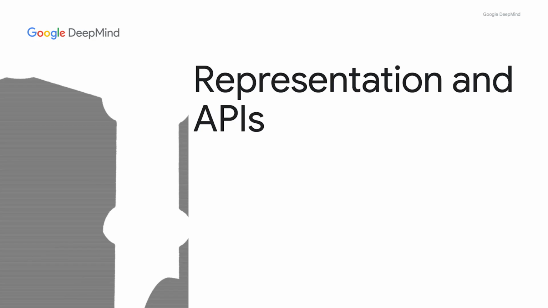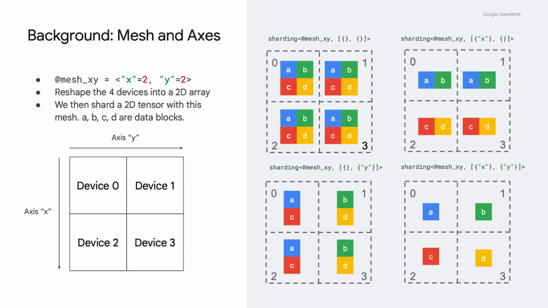As background, I'd like to give an introduction to the mesh axis and the sharding representations based on this mesh axis. A mesh is just the shape of the device cluster.